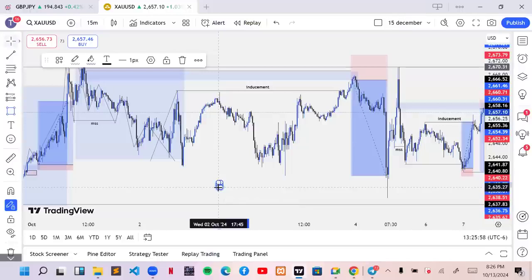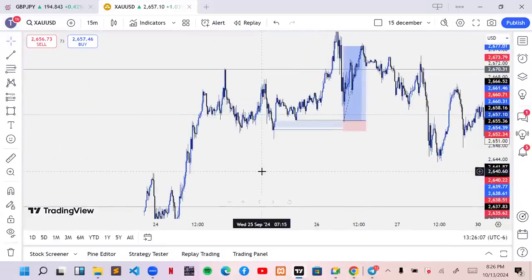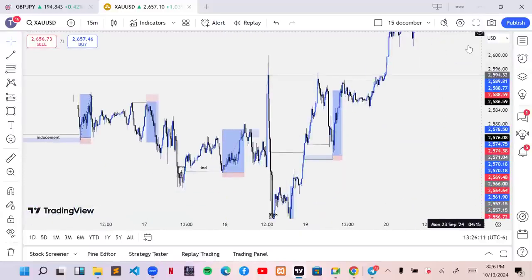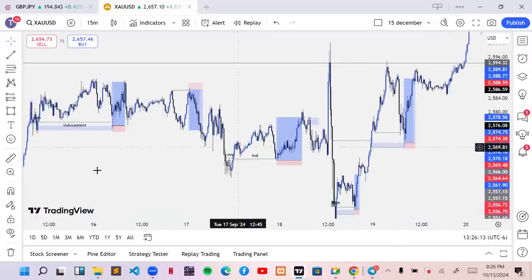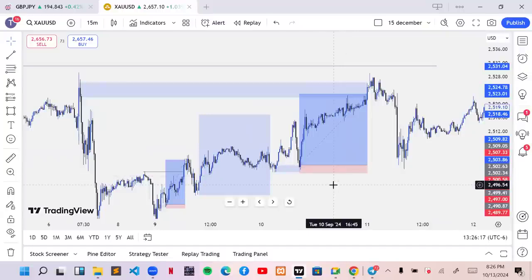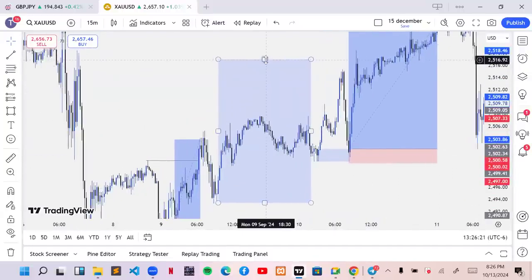Now for consolidation, do I really have a consolidation? Let me check and see if the market has been in a consolidation. That's the market being in a range, just moving from one point to another. Well, it's not really clear, but this is a consolidation right here.